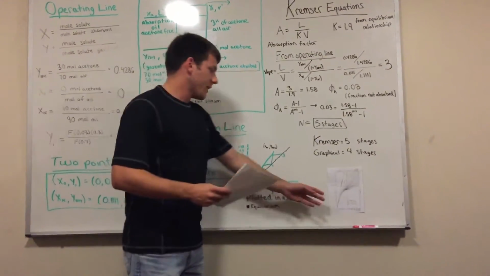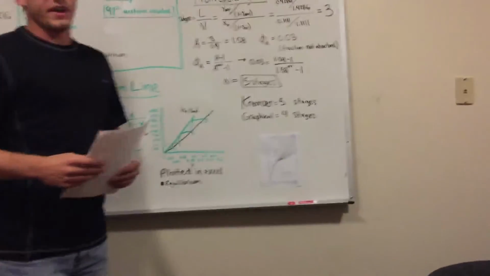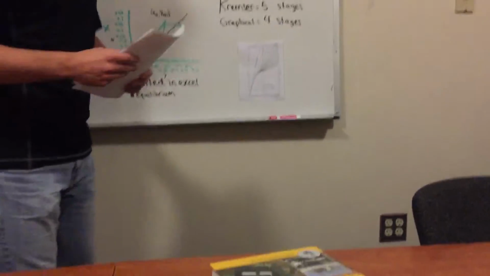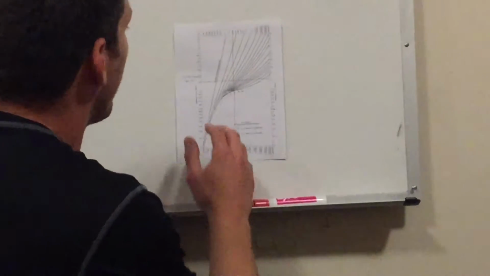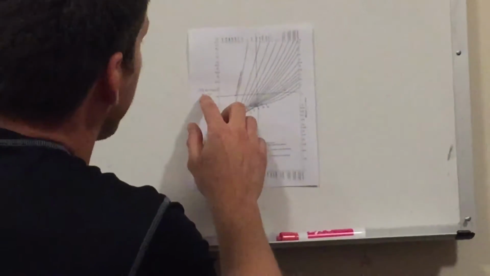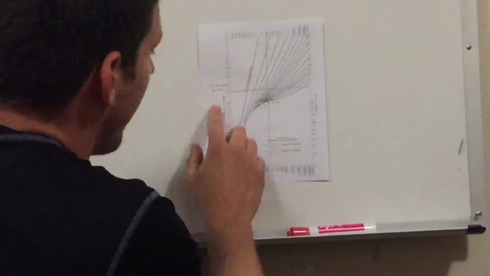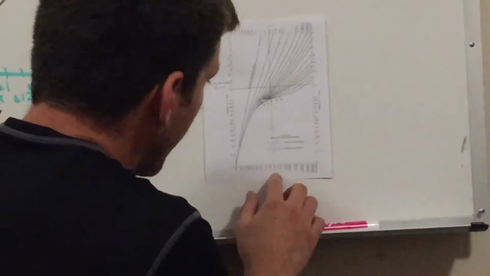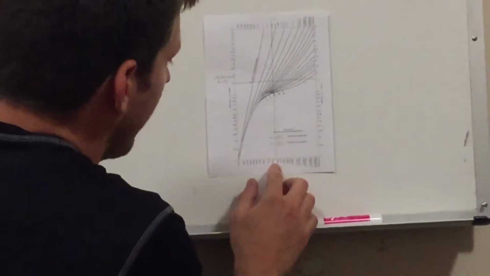Now I'm going to use the Kremser chart to find the number of stages required to achieve the desired separation. You go to your absorption factor, which is 1.58, and then you go down to your 0.03 value down here.